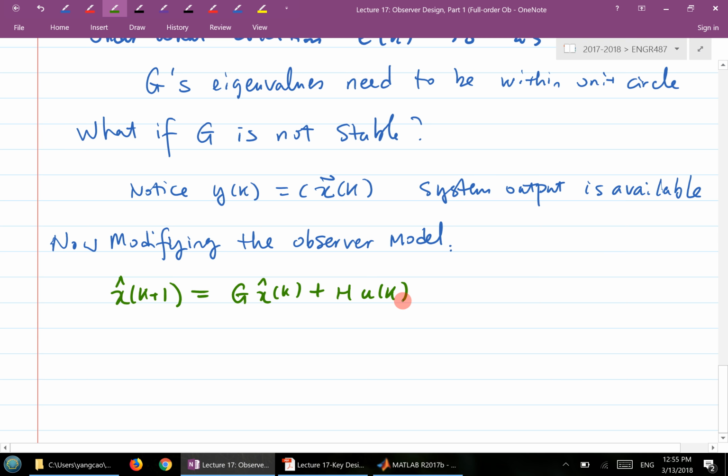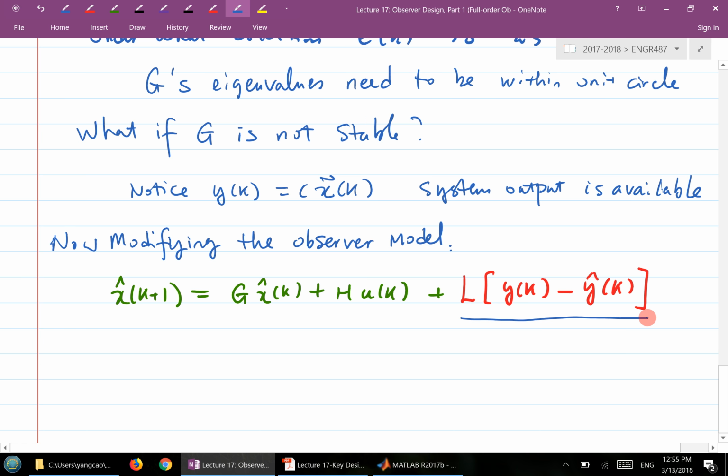And now we introduce an additional term, in red color: L times y of k minus y hat of k. The red part is what we added to modify the original observer model. Let's take a look at whether this modification makes sense or not.